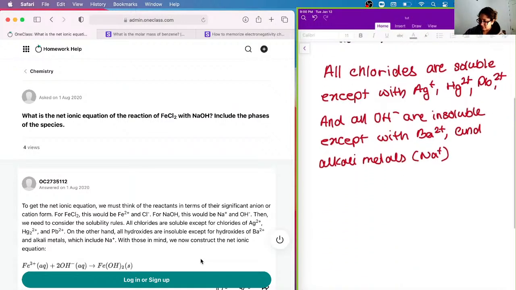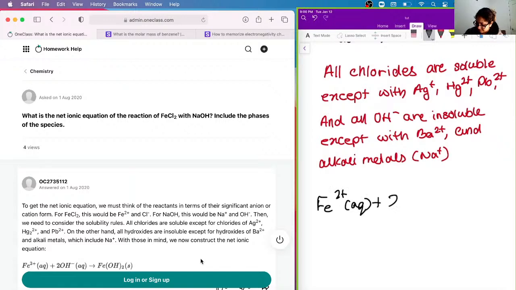Okay, so with this in mind, we can basically come up with an equation where we have iron, which is aqueous, plus two hydroxide ions.